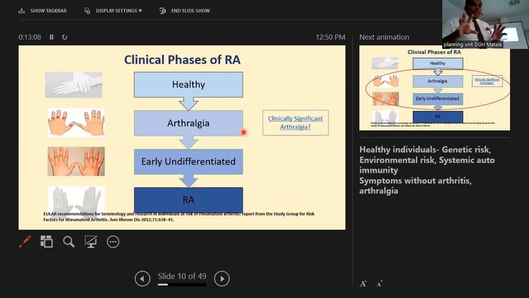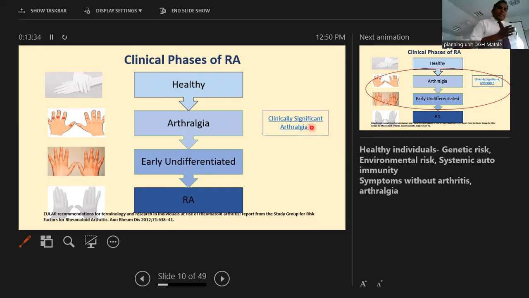What I mean is, they won't come with pain and swelling of small joints of hands. What they would come with is mainly arthralgia. What I mean by arthralgia is only pain in the joints without any clinically significant stiffness or swelling.